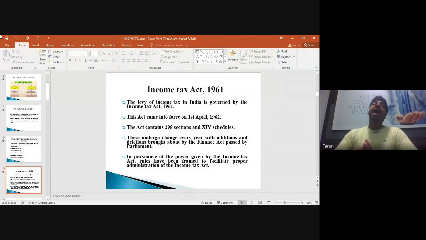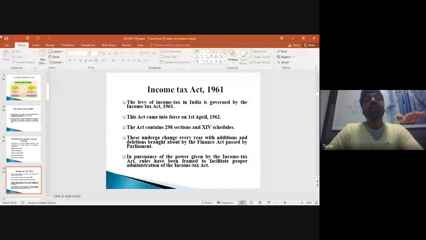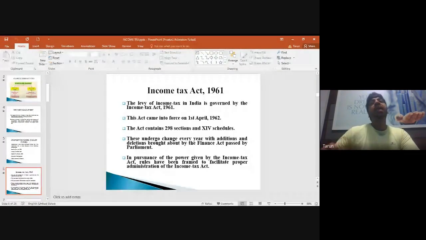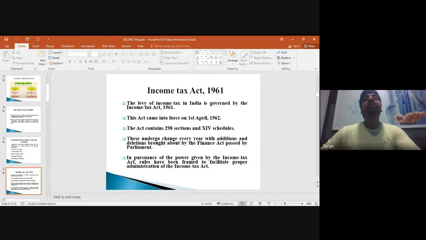This particular act contains 298 sections and 14 schedules, and each section applies to various categories of taxes which are imposed and levied on different categories of persons.